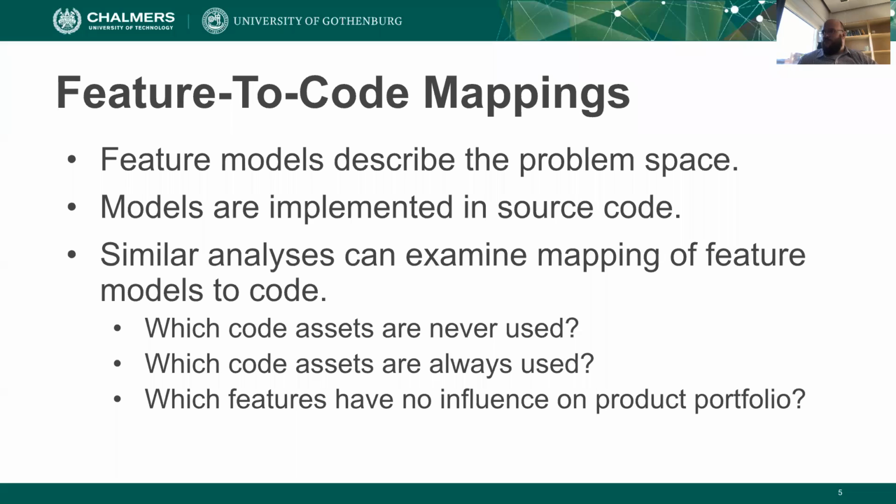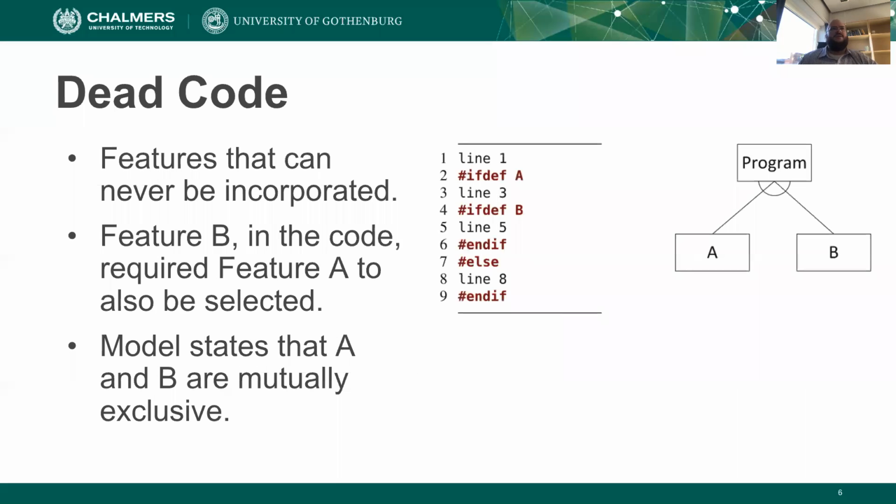Which code fragments are being included in every single product we build, meaning that they're not really optional? They are actually used in every product we build. And which features have no influence on our product portfolio? Which features are ones that we never really make use of, or can't make use of if our model is too restrictive?